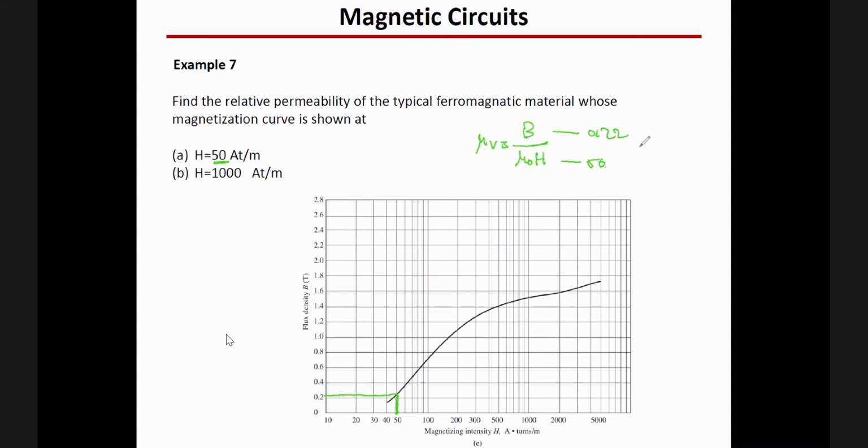So if we calculate mu R, what will be the value here? We divide 0.22 by 50 by 4 pi by 10 to the power minus 7. So the value here is 3,500.